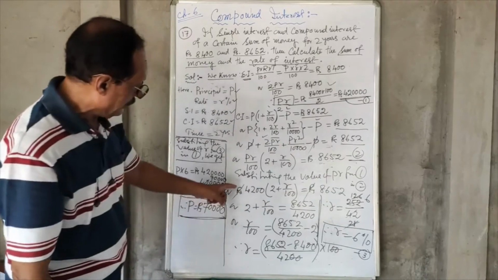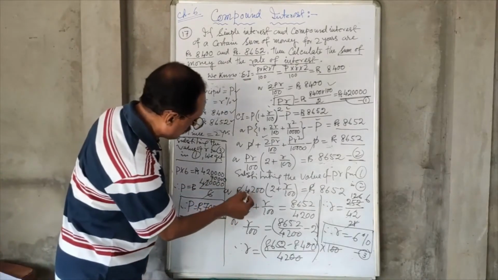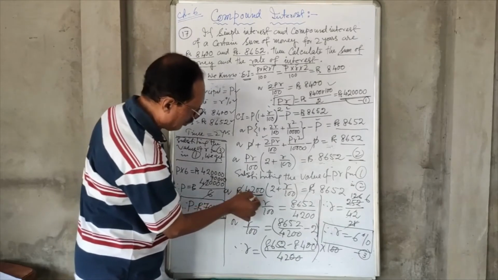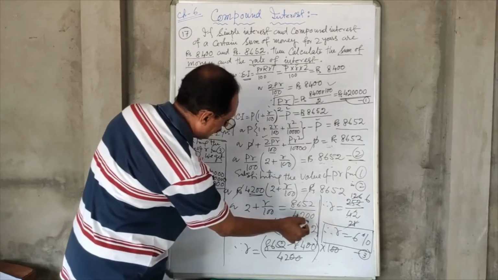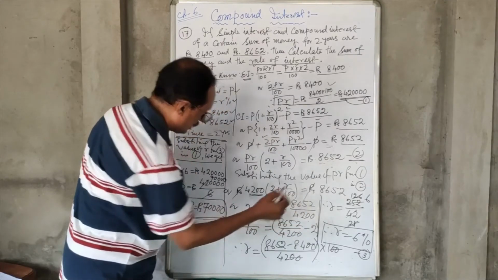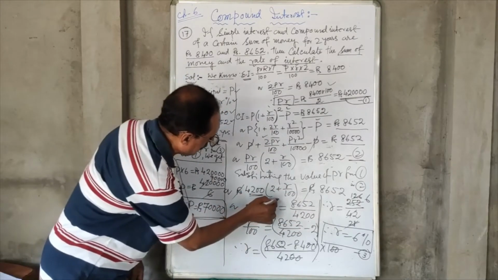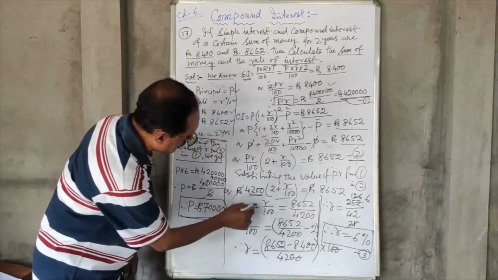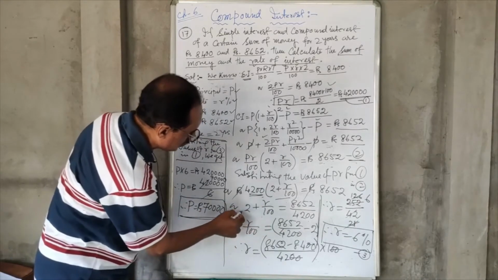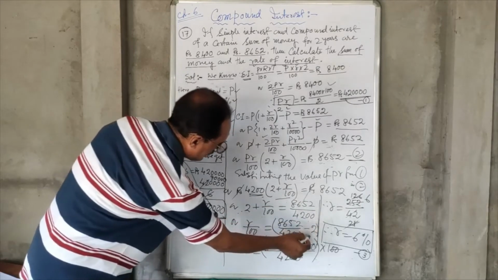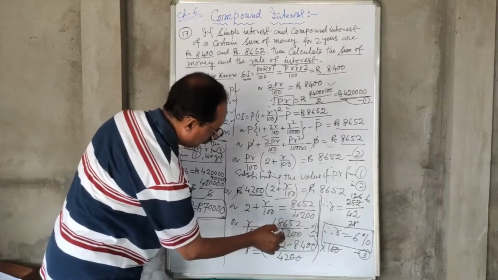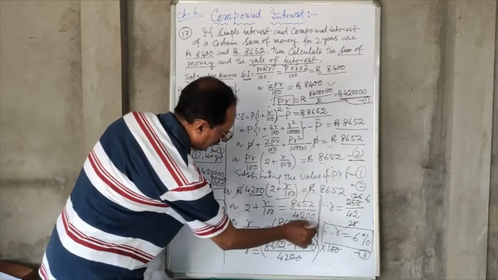I am shifting 4,200 to the right hand side, so it is multiplied on the left and divided on the right. So it is coming 8,652 by 4,200, and what is left on the left hand side is 2 plus R by 100. Again this 2 is shifted to that side, so it is subtracted. So R by 100 value is coming 8,652 by 4,200 minus 2.